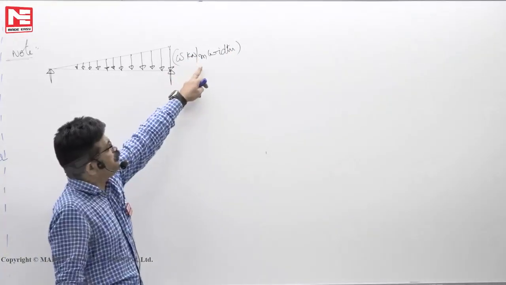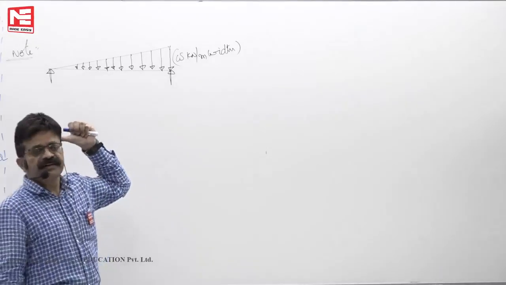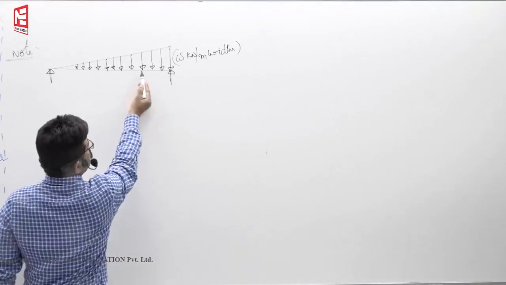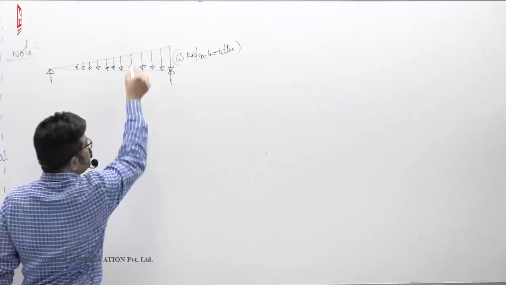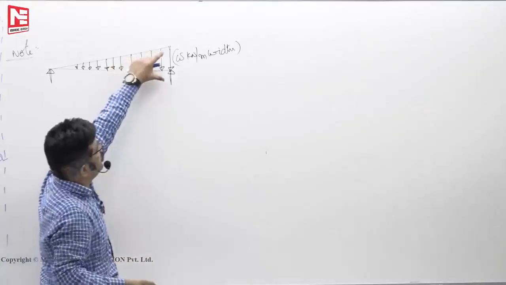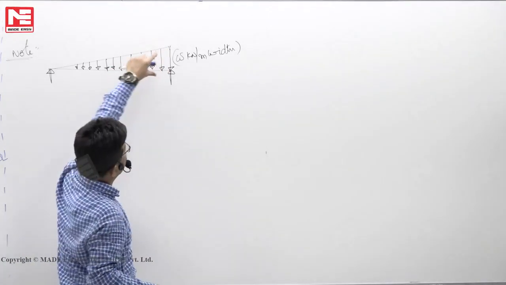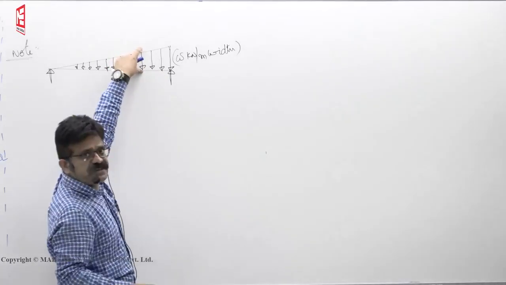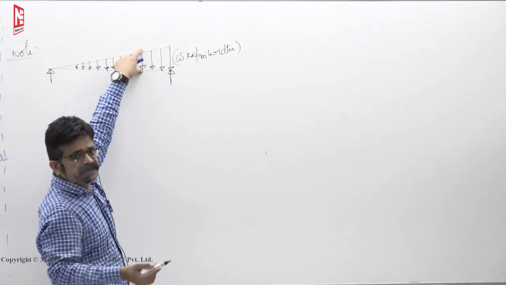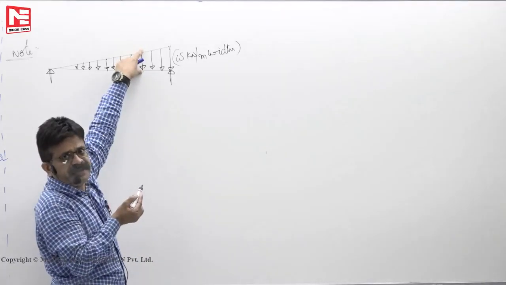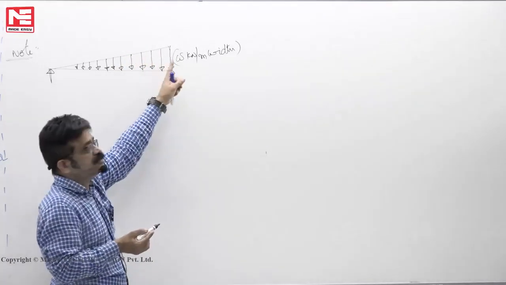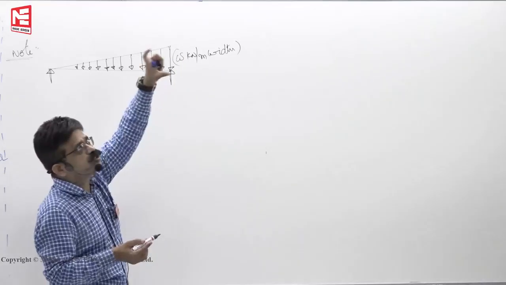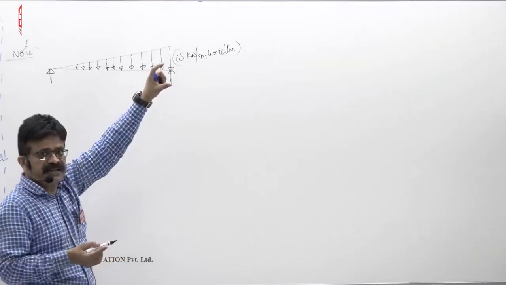We should not read it as W kilonewton per meter length, because if you move by a length of 1 meter, then the intensity will not be W. That means it cannot be W kilonewtons per meter length. This is per unit width, and that is called intensity.